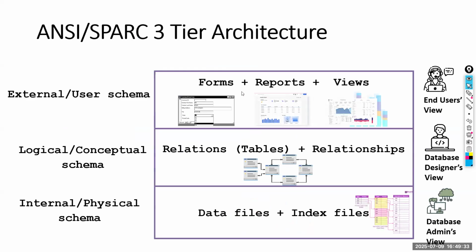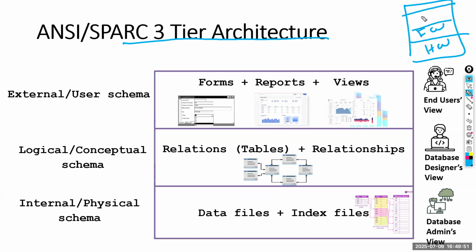Right. So this is called the three-tier architecture of database. It's a layered architecture. Layered architectures are not new to you guys, right? Remember we discussed computer as a layered architecture: hardware, firmware, system software or the OS, and application software. We looked at the 7-layer OSI architecture: physical, data link, network, transport, session, presentation, application.